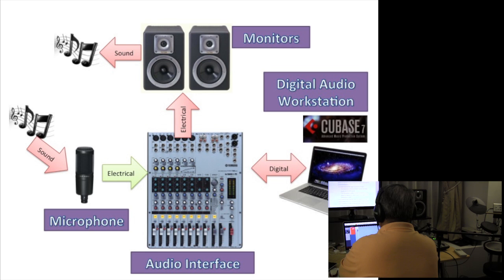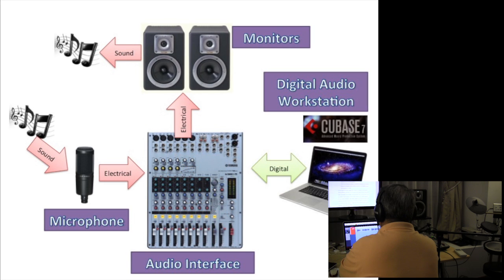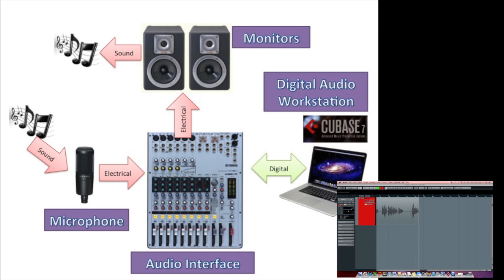This audio interface then does two important things. The microphone preamp amplifies the low-level audio signals into line-level signals. Then the analog to digital converter transforms our audio signal into digital form, which is then sent to our digital audio workstation, or DAW.